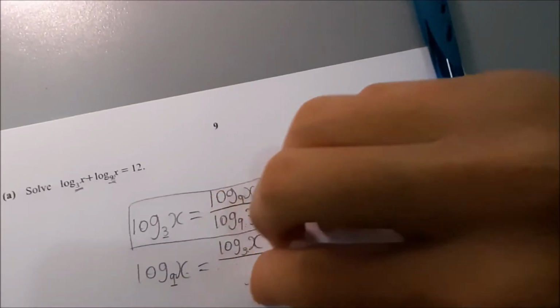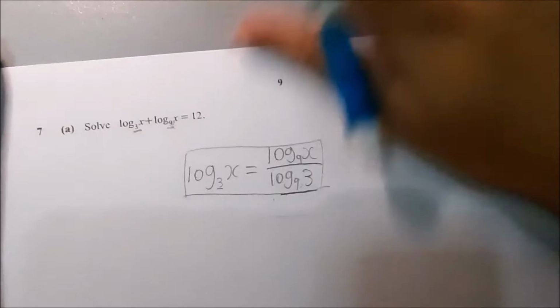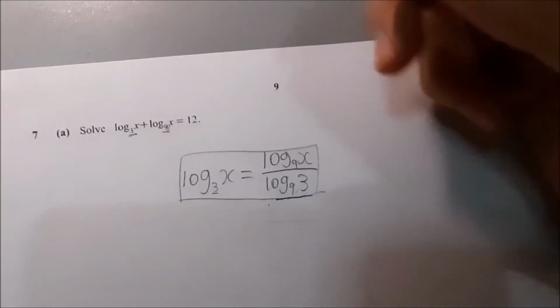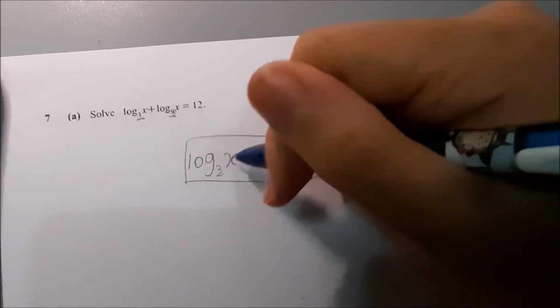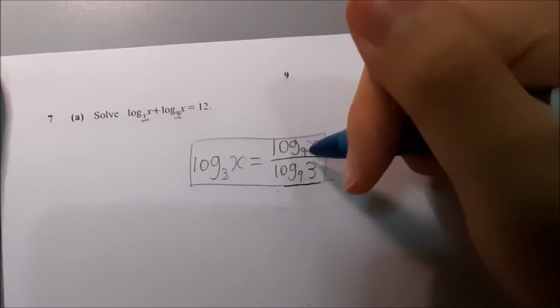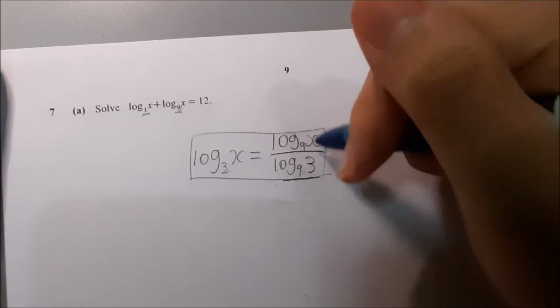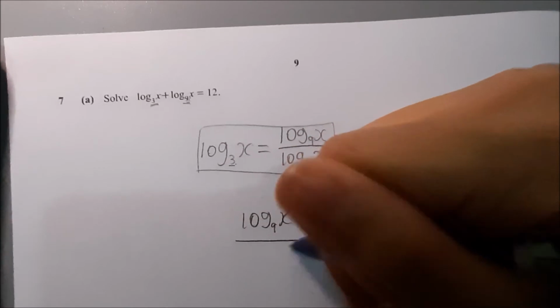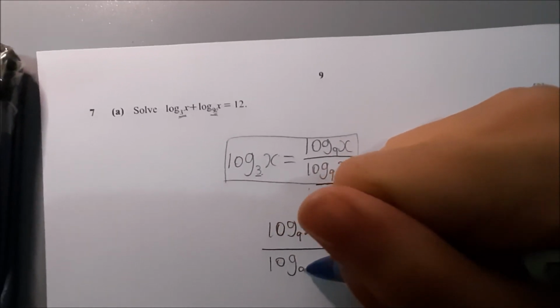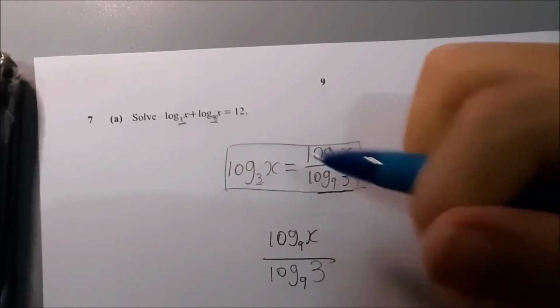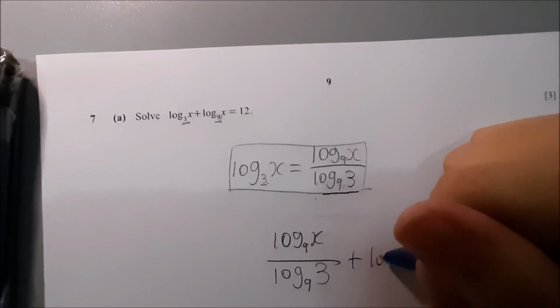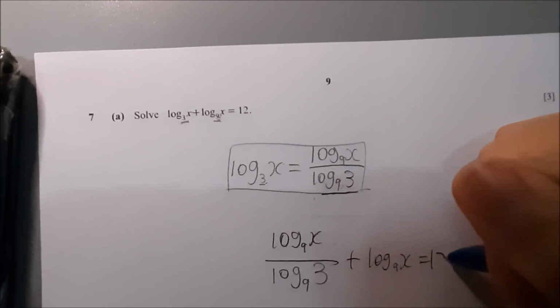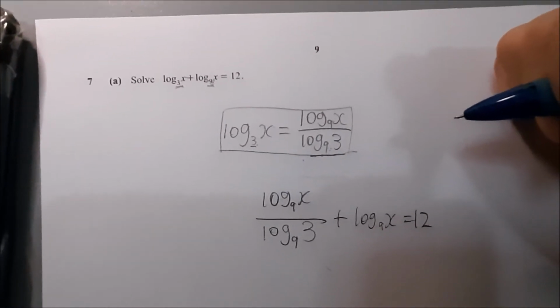Okay, so if I just erase this one, it's like that. And then from here, since log 3x, if you want to change to log base 9, it will become like this. So I can rewrite the equation just like that.